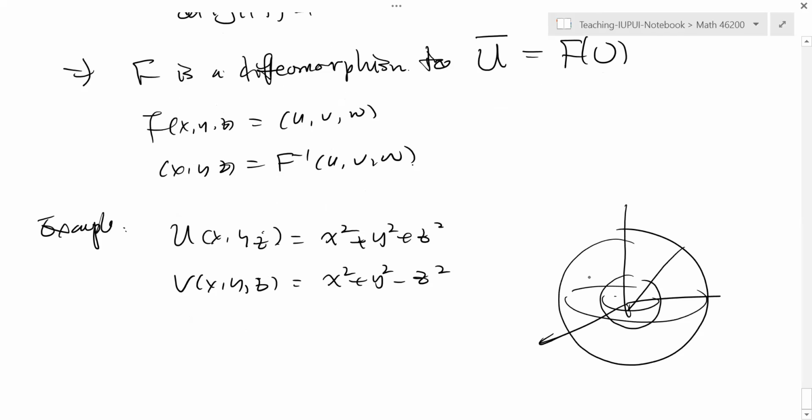So I have the cone, determined by v equals little v, and this is v equals 0, the special case. This is the sphere u equals R.